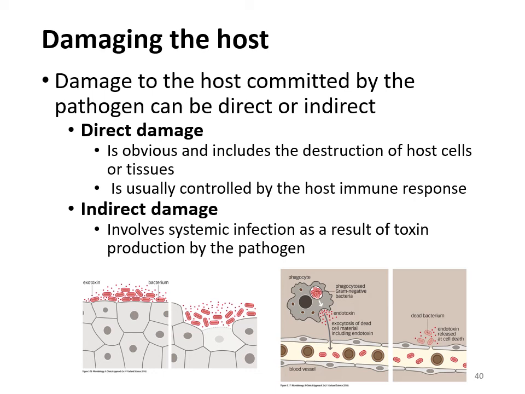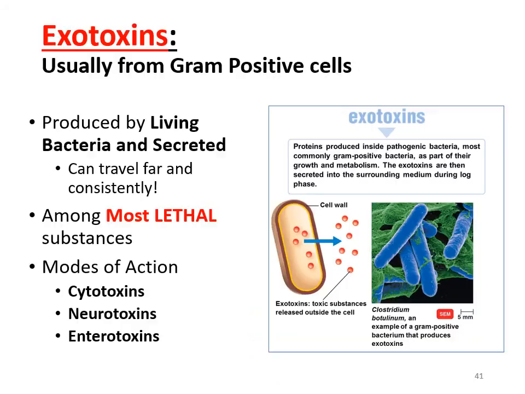In the next couple of slides, we're going to talk about the two big categories of toxins, and you have to remember these toxins. So you are going to circle, star, highlight toxins. The two categories of toxins, again, putting stars all over this slide and the next slide, are exotoxins and endotoxins.